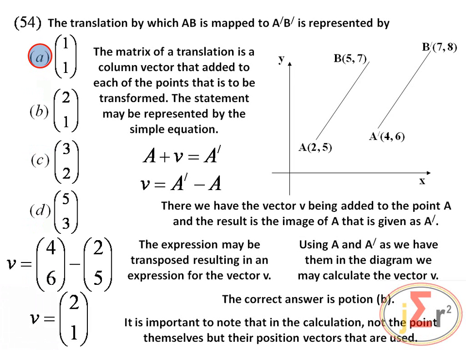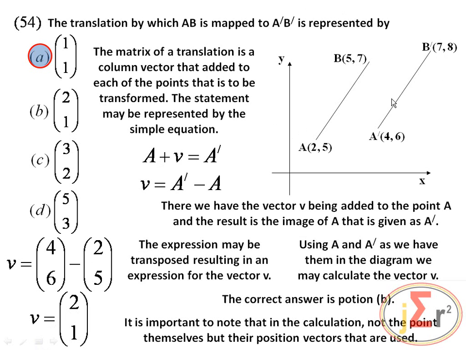It is important to note that in the calculation, not the points themselves but their position vectors are used. And it is also important to note that the vector V equal to (2, 1) may be obtained by using B prime (7, 8) and B (5, 7).